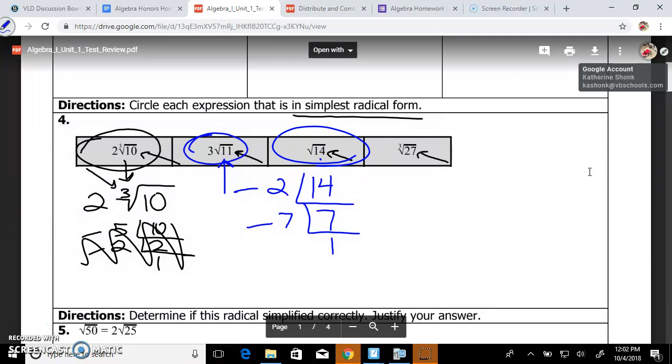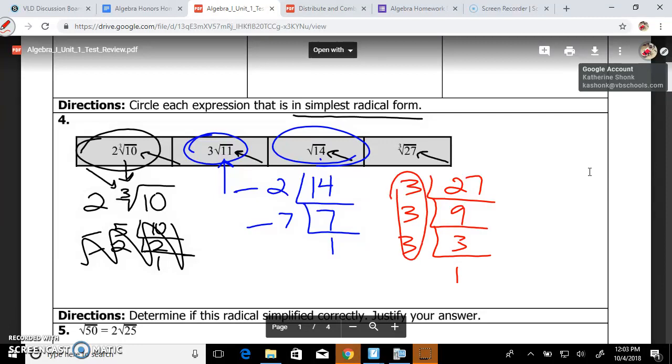Lastly, we're looking at the cube root of 27. So 27, 3 and 9, 3 and 3, 3 and 1. A cube root is a group of three of the same number. Yes, we can absolutely do that. Take that outside. When you have the cube root, there's nothing left inside here. So really, we're just going to get rid of that.